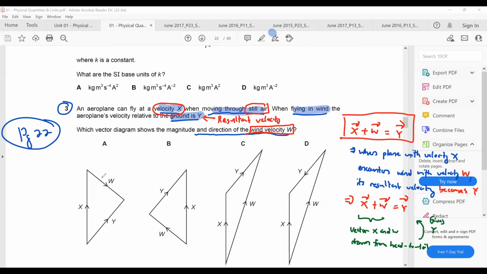So try and see from these diagrams here, which one is telling you that. Can you just maybe give me an answer? Just type in the chat A, B, C, or D. x and w drawn from head to tail gives you velocity y.